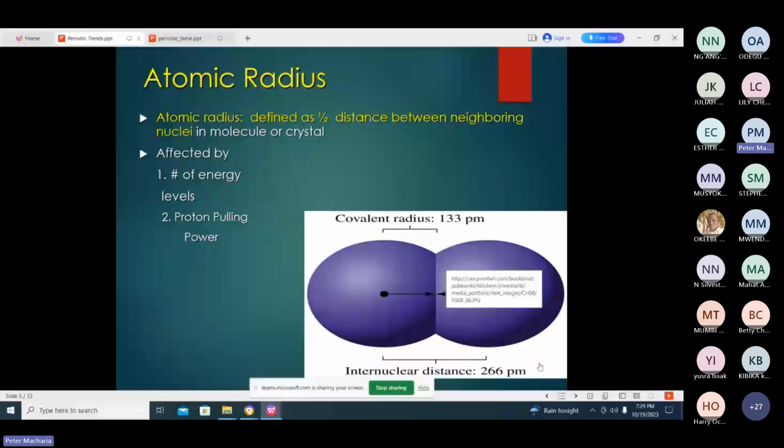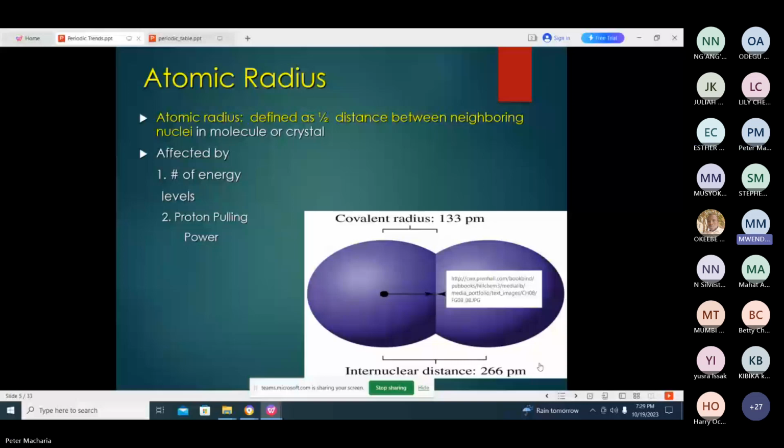And we are interested in the trend. This one is just for purpose of understanding. The trend is such that as you go down the group, the atomic radius increases. That is a general concept because the outermost orbital increases, right? I think that one is very easy to understand.